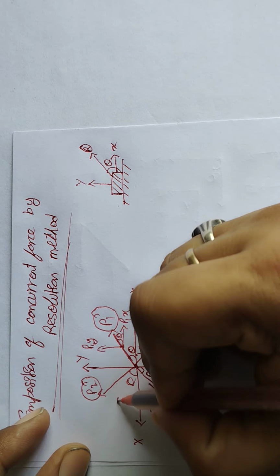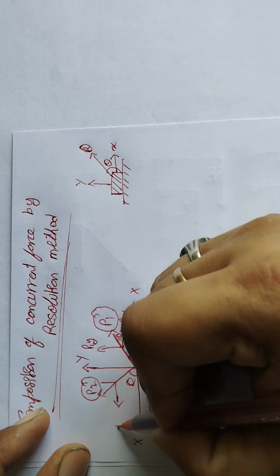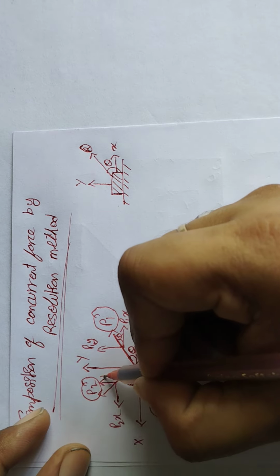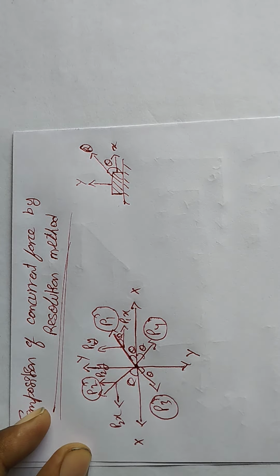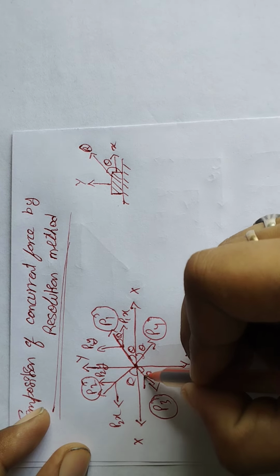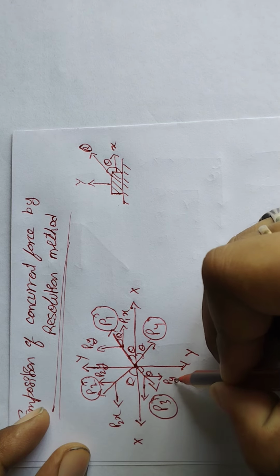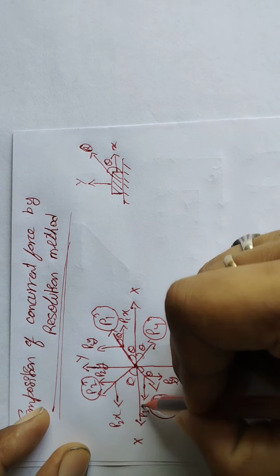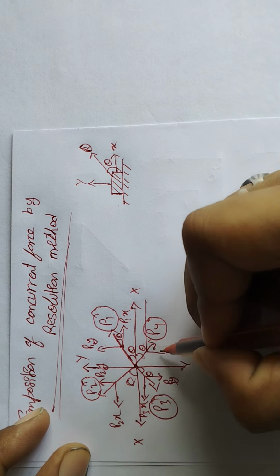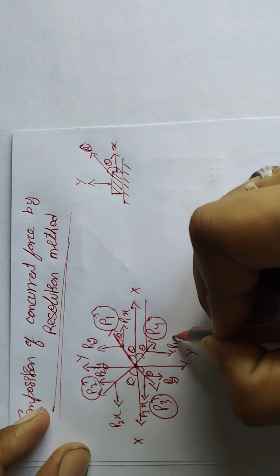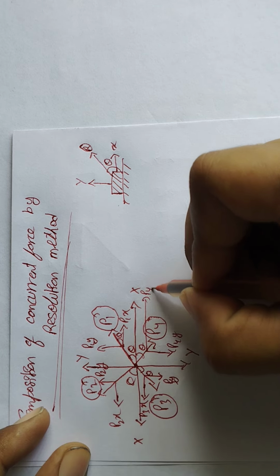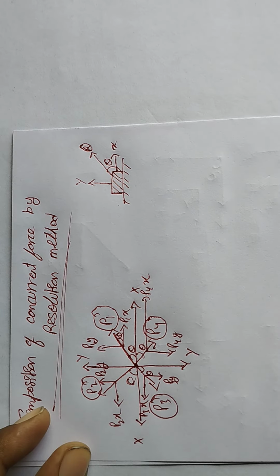Similarly for this one, partially in x direction and partially in y direction. Similarly this one, P3y, P3x, and this one, P4y and P4x. So there will be an effect partially on the x axis and partially on the y axis.